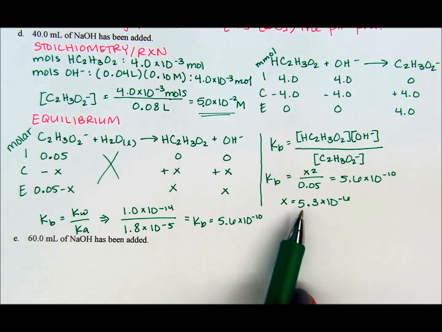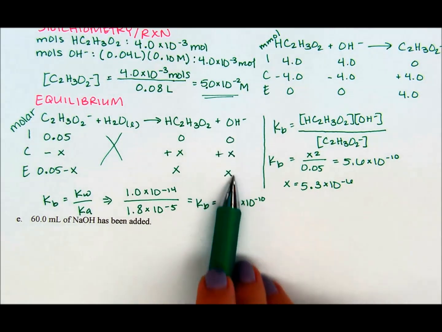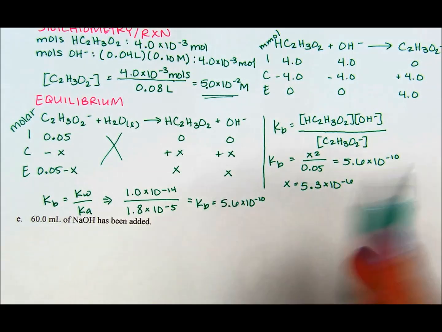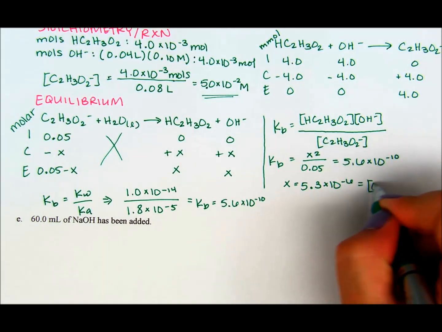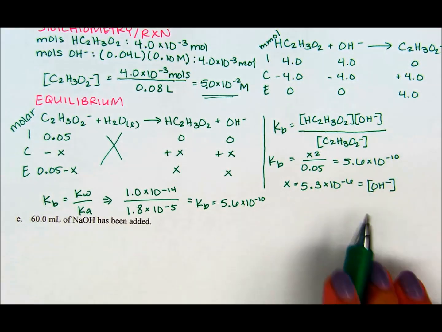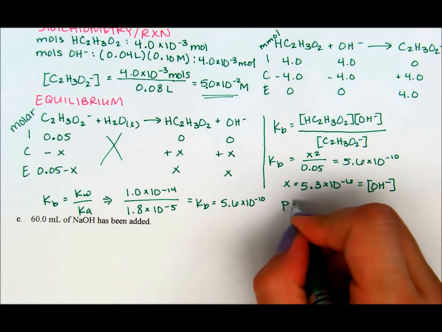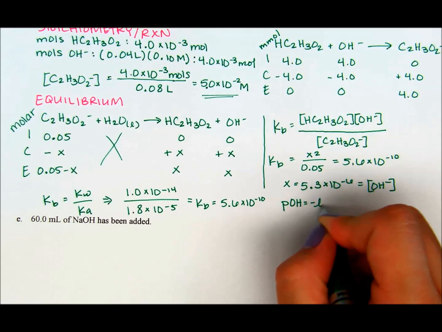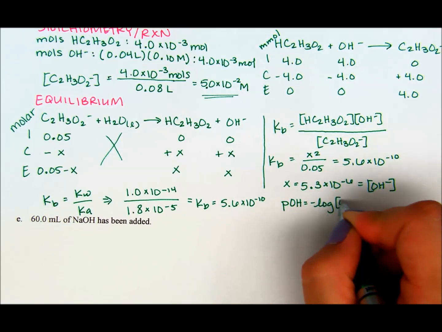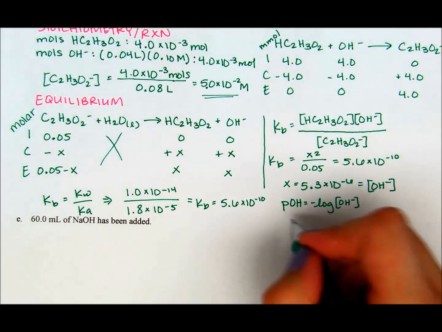Now that x, what does that mean? What does that equal to? That x is telling us the hydroxide ion concentration. We cannot find the pH directly from the hydroxide ion concentration, but we can find the pOH. So if you'll remember, pOH equals negative log the concentration of our hydroxide.